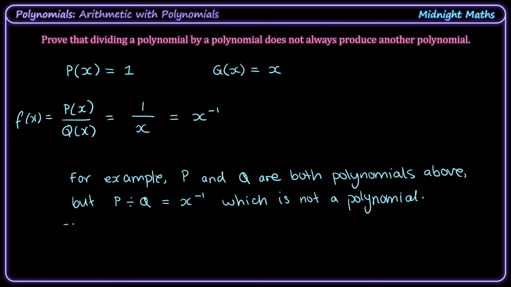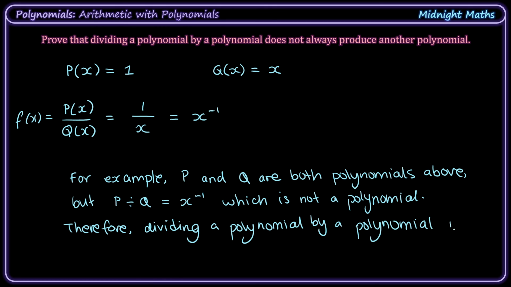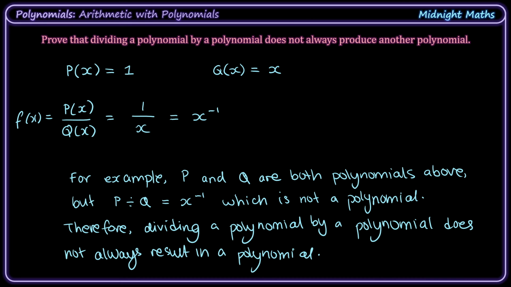So we can say, therefore, done. So I've just written a little sentence to go with what I've done in the working, and that should be a very valid proof because we've just shown a counterexample where this statement is broken.